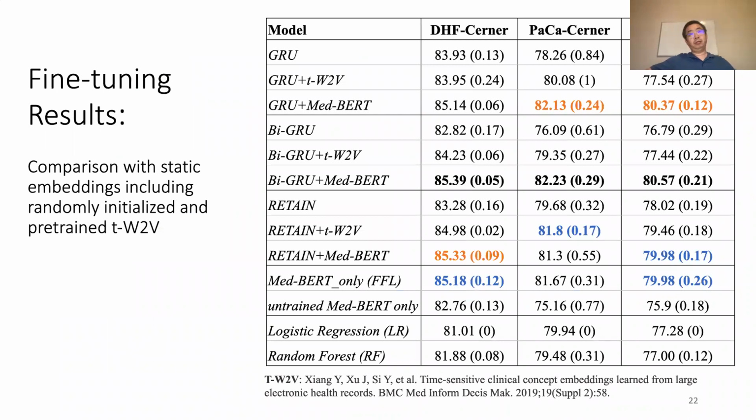So here is what it shows. We compare with the baseline model, then the model with static embedding, which is one of our early versions, and then the contextualized embedding, Med-BERT. For each architecture we do this, and basically we show that in every case, using pre-trained Med-BERT boosts the performance and gives the best results.